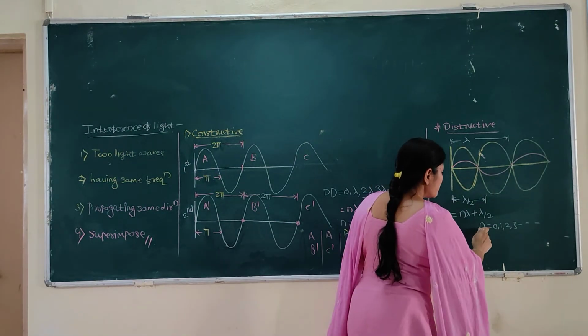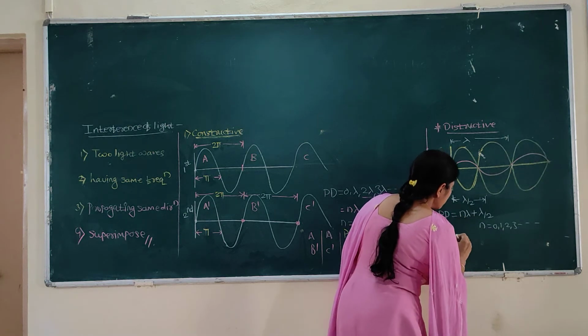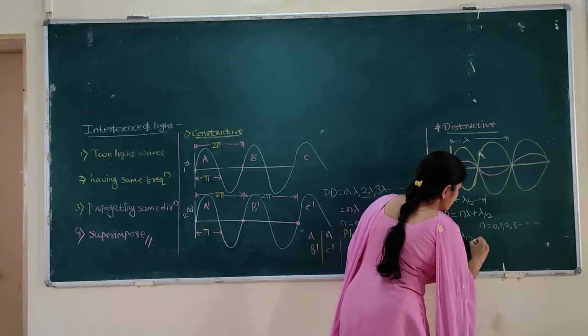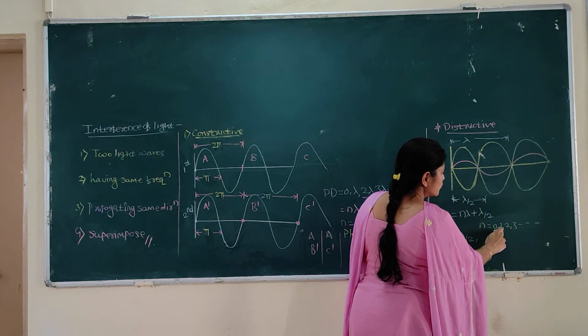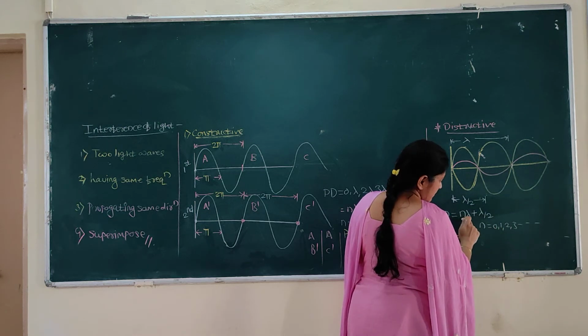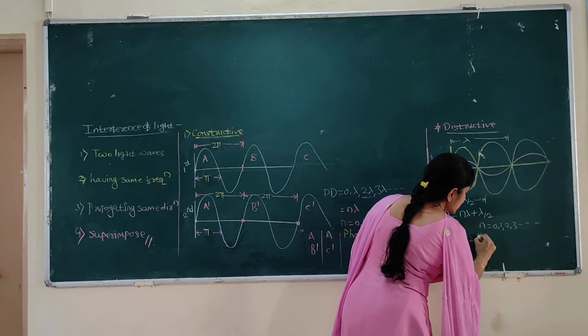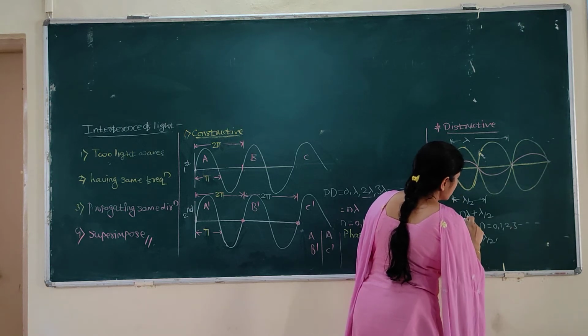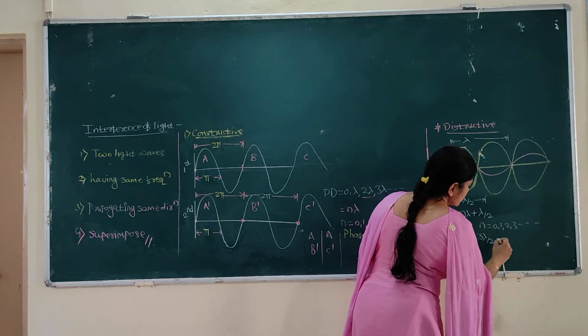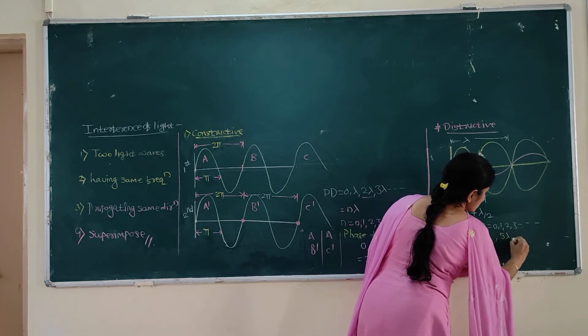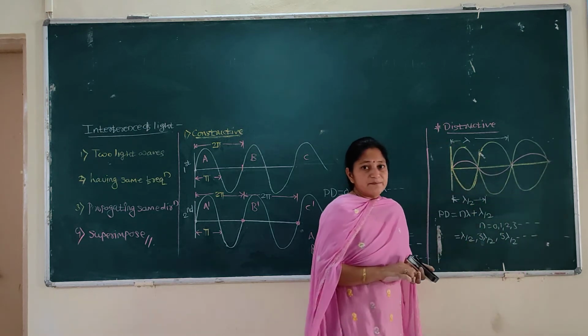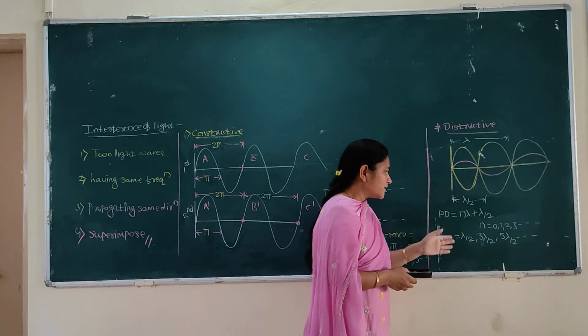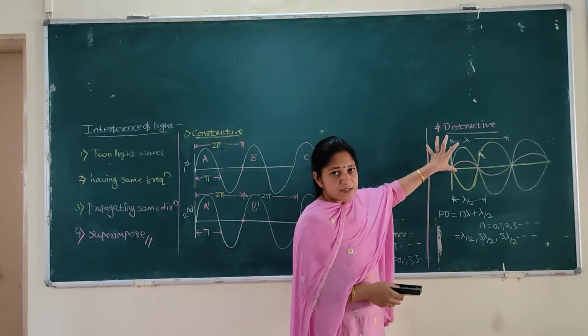Now, if we put n equal to 0, then we get path difference lambda by 2. If we put n equal to 1, then we get lambda plus lambda by 2, that is 3 lambda by 2. Again, if we put n equal to 2, then we get 2 lambda plus lambda by 2, that is nothing but 5 lambda by 2. And so on. So, this is about the path difference for the destructive interference.